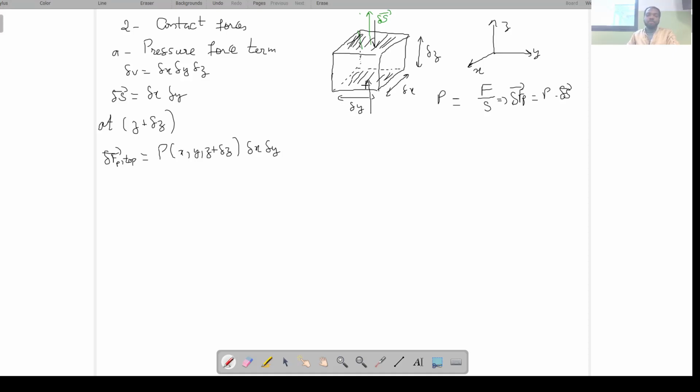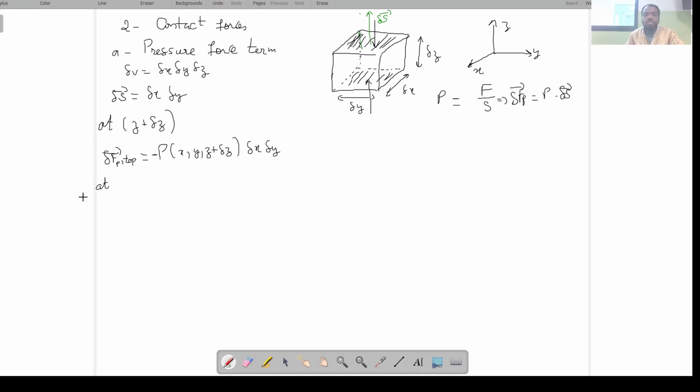But we can notice that the pressure force is opposite to the surface vector. That means there is a minus sign here.